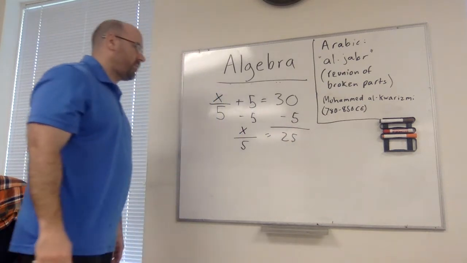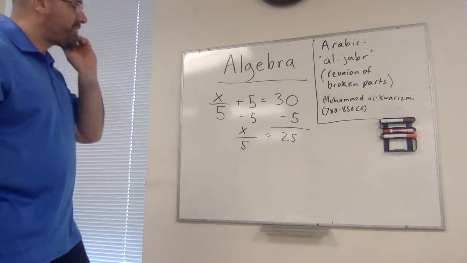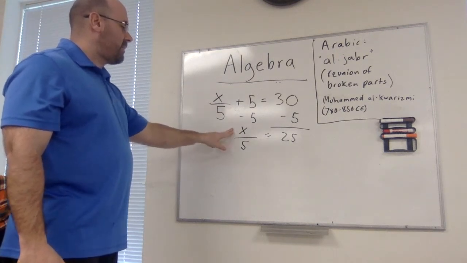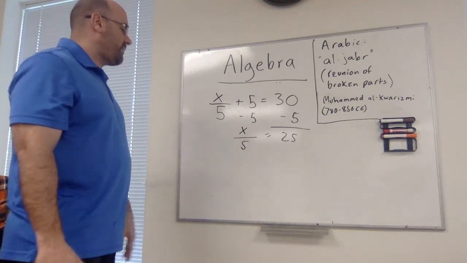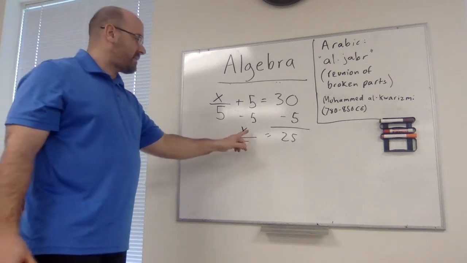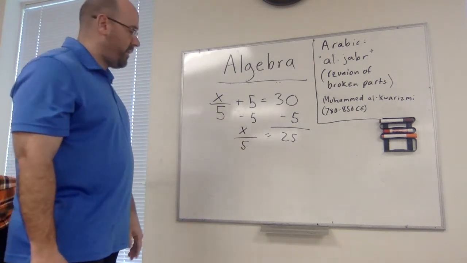Okay, so 25 equals x divided by 5. Well, what do I have to do here? I have to do something here to get the x to equal a number that divided by 5 equals 25. What do I do?